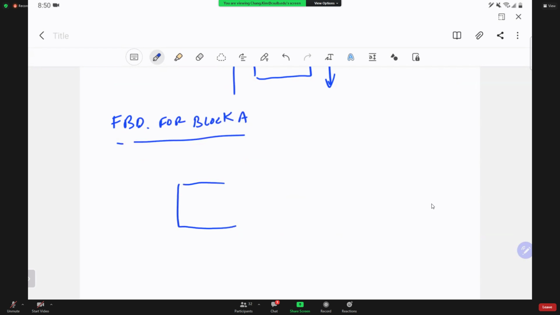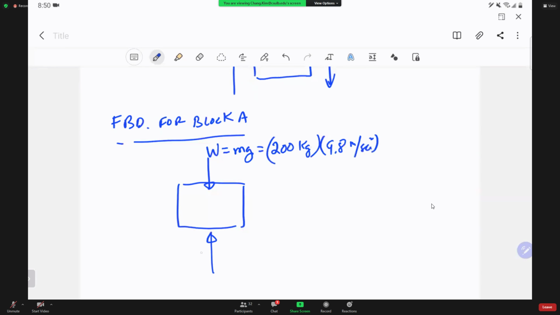So in this case, the weight is mg because your mass is given, so you need to compute the weight. That's going to be 200 kilograms and 9.8 meters per second squared. And here is the normal force acting. And of course, tension is pulling to the right.